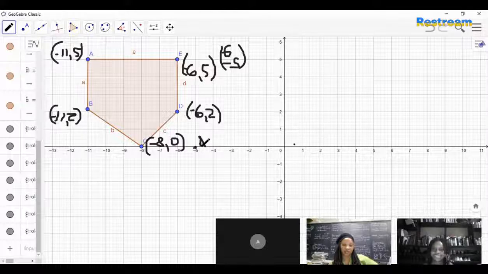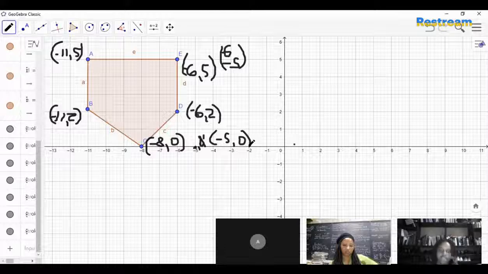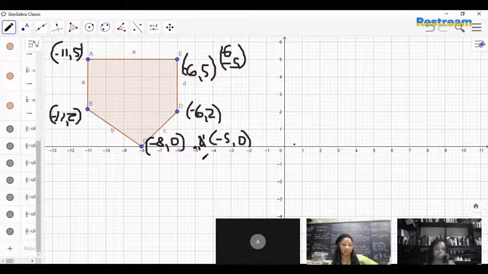Then -11 plus 6 is also -5, and -5 plus 2 is -3. So -5, -3 for B prime.